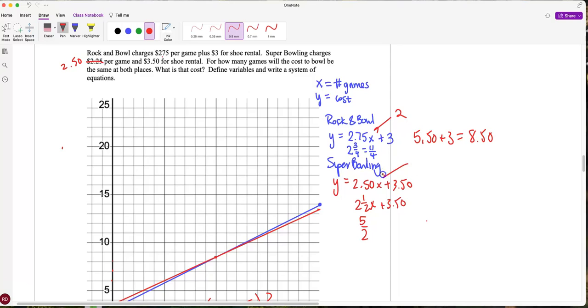You plug in a 2 for x right there, and you get 500 plus 350 equals 850. So what is the cost? The cost is $8.50, and that is from using 2 games.